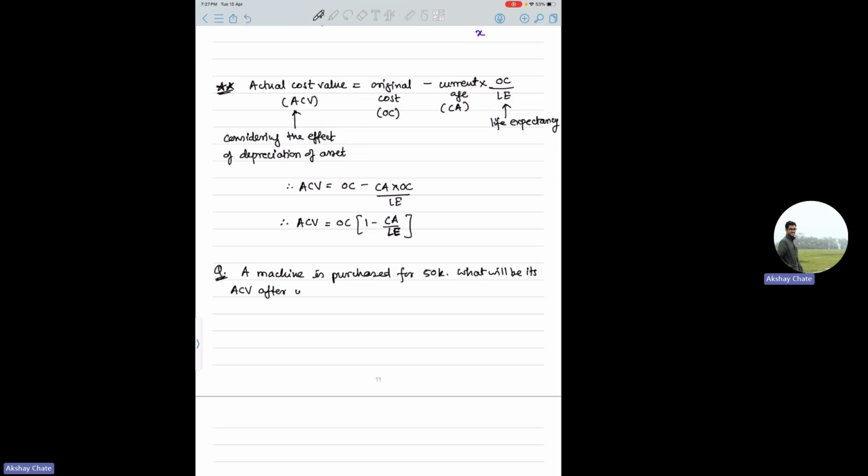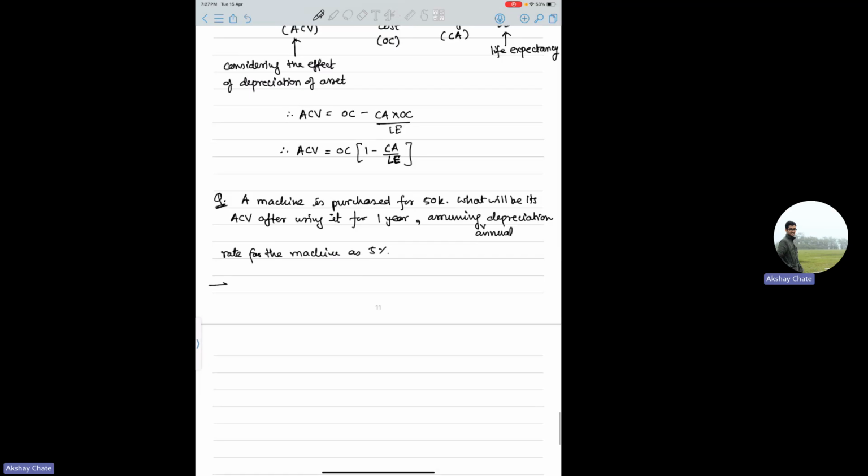after using it for 1 year, assuming an annual depreciation rate for the machine of 5%.